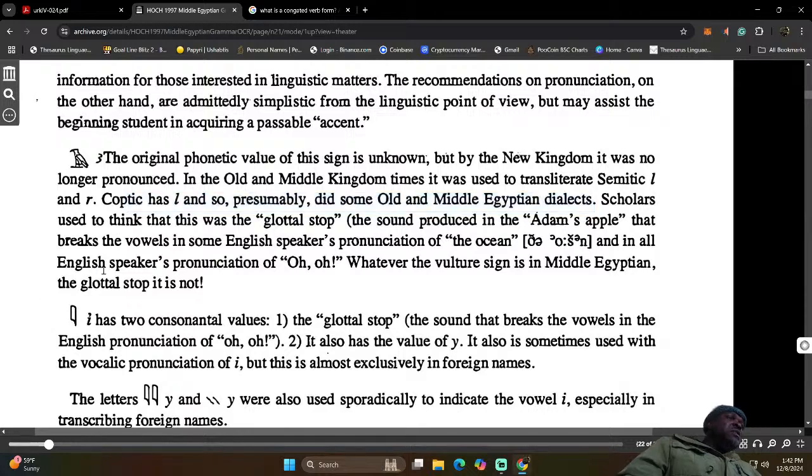And in all English speakers' pronunciation of O, whatever the vocal sign in Middle Egyptian, the glottal stop, it is not. All right? So he's rephrasing what some previous scholars said, and we haven't gone far into this work, we still transliterate that as an A.